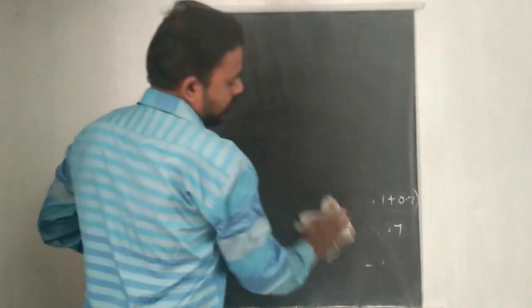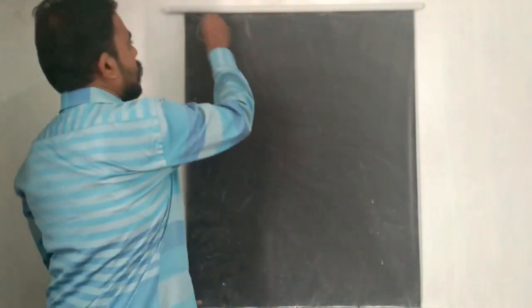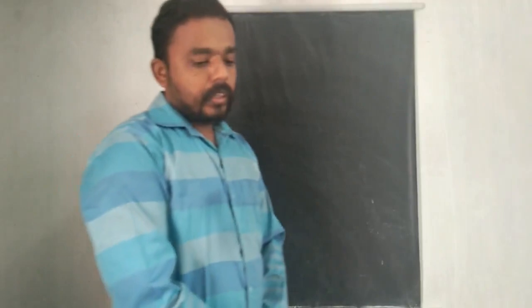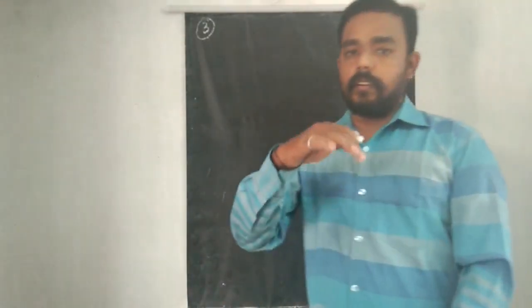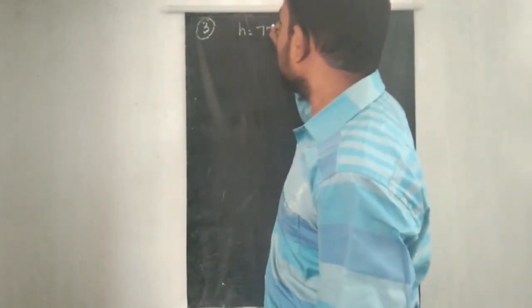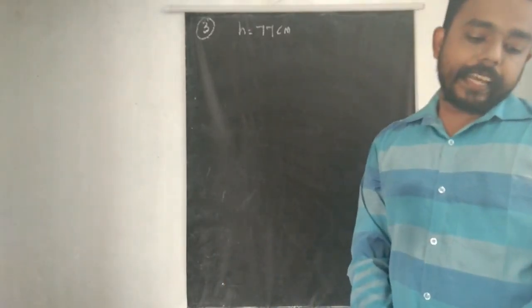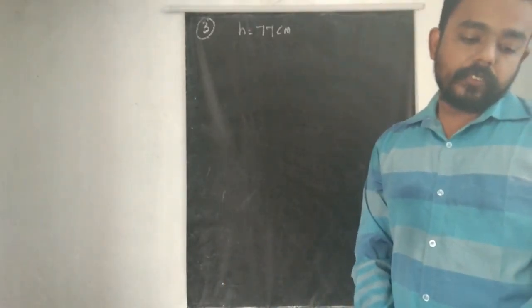Now to the third problem. A metal pipe is 77 centimeter long. H is equal to 77 centimeter. It's given. The inner diameter of the cross section is 4 centimeter.